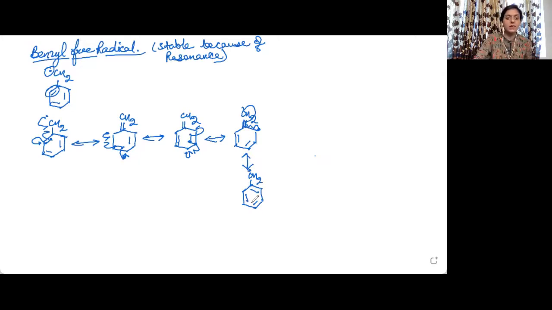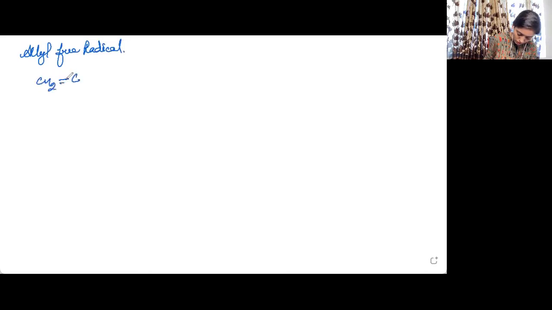The next is the allyl free radical. So the allyl free radical is CH2 double bond CH2. So when here is the free radical, it is allyl free radical. Now this free radical and this double bond, they are in conjugation, very much clear.